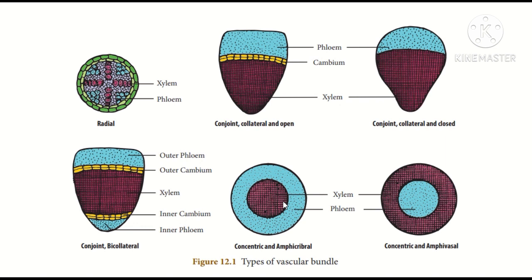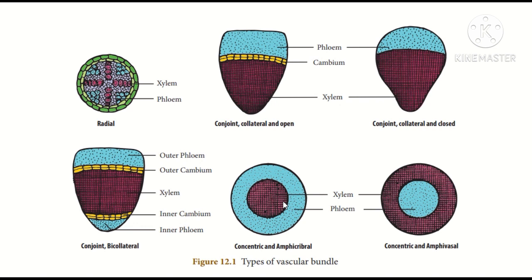It is called concentric vascular bundle. Concentric vascular bundle is a common term used to describe this arrangement, either xylem is completely surrounded by a phloem or a phloem is completely surrounded by a xylem. It is called by the name concentric bundle.